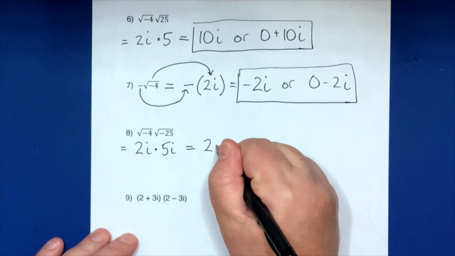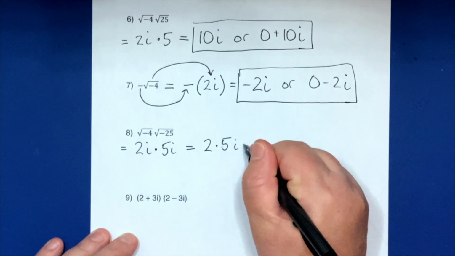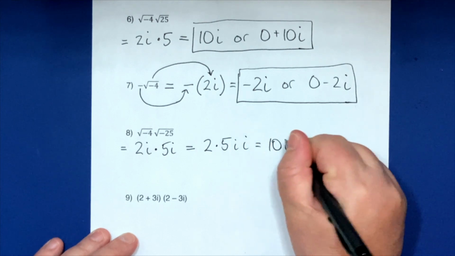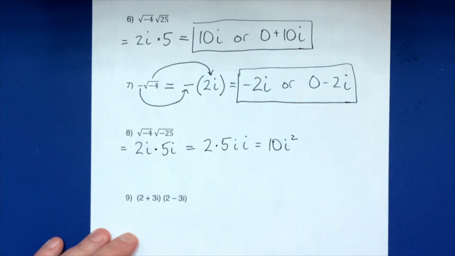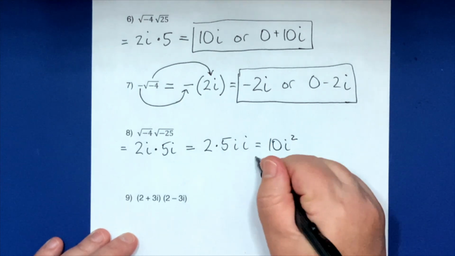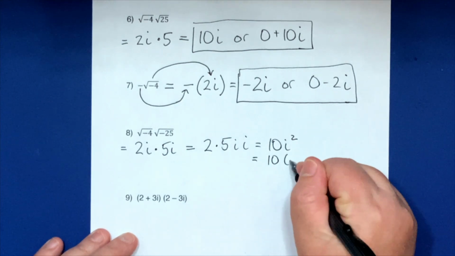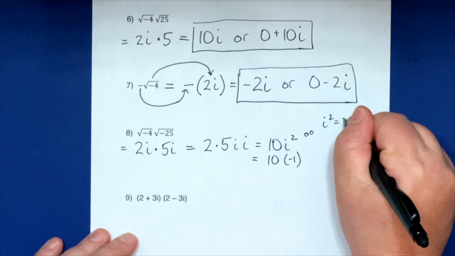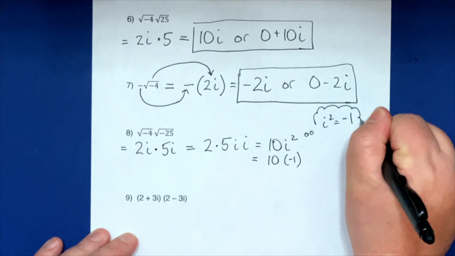I've got a 2 and a 5 and an i and an i, right? So that is 10i squared. Now here's the kicker. i squared, anytime you see an i squared, that's a -1. That's a definition. This is absolutely always true.